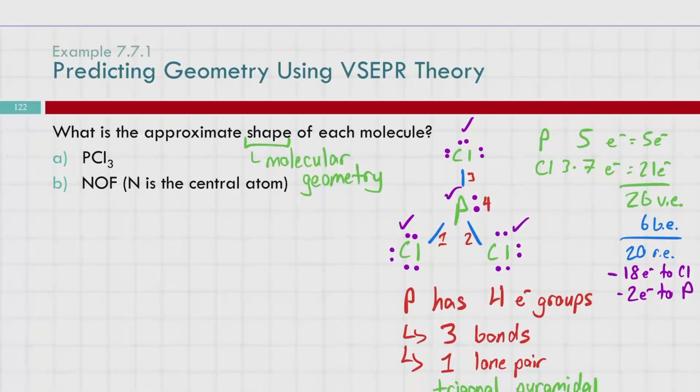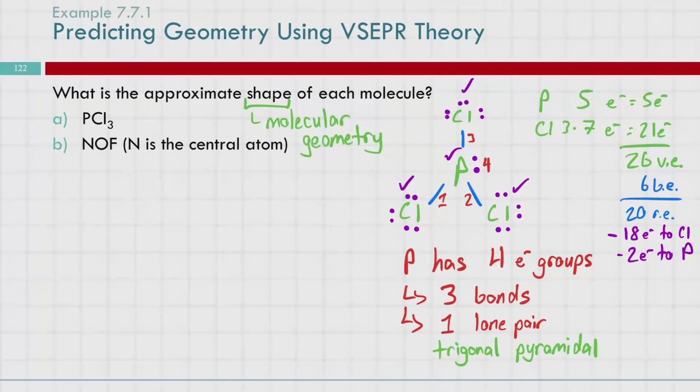And then NOF, nitrogen is the central atom. So nitrogen in the middle, oxygen, and fluorine on the other side. It might be tempting to look at this and say it's going to be linear because we wrote them out in a line. That's not necessarily the case, although it certainly could happen.